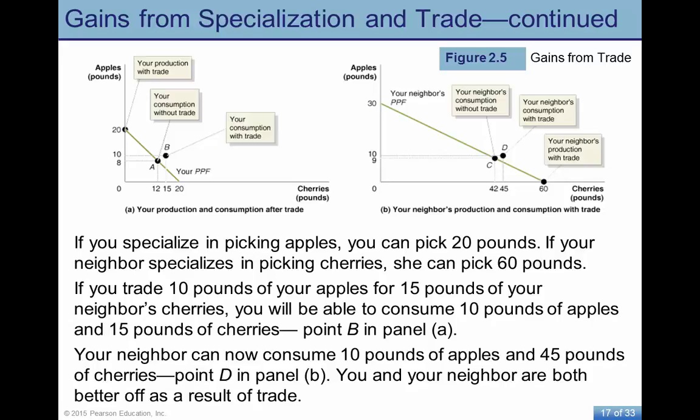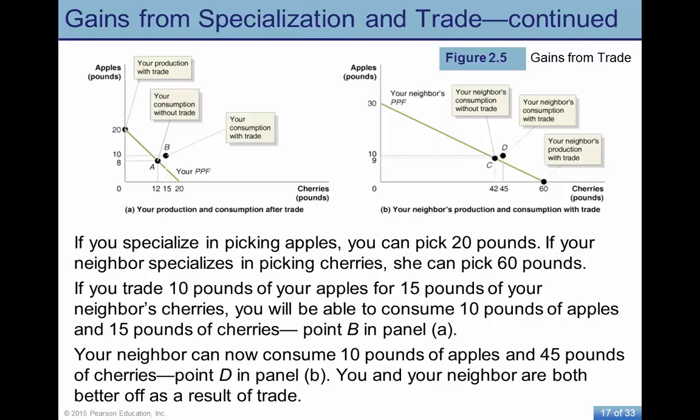Gains from the specialization and trade continued. Now, if you specialize in picking apples, you can pick 20 pounds of apples. If your neighbor specializes in picking cherries, she can pick 60 pounds of cherries.